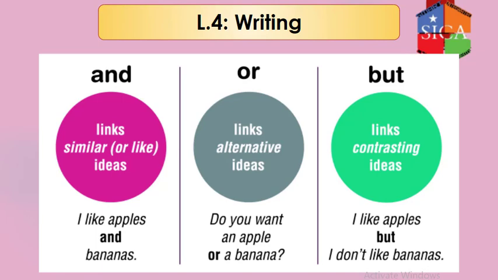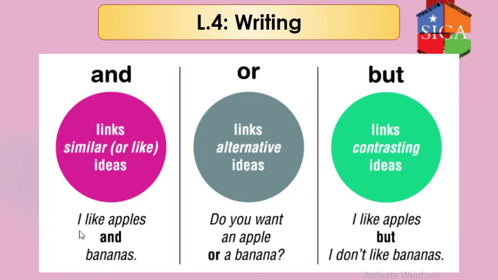We have to know these conjunctions that we use in our sentence. Here we use and. What is the function of and? We use and to link similar or like ideas. When you want to connect between two words or two ideas or two sentences, you can use and for addition. Like, I like apples and bananas. Here I can say I like apples, full stop, and then I like bananas.